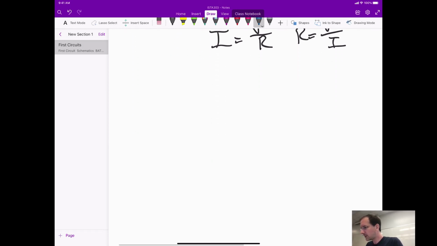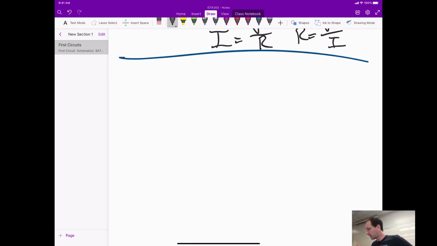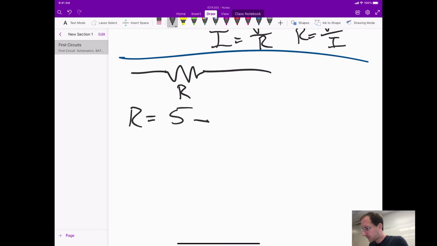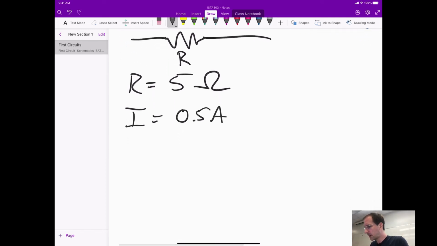So let's look at an example of using Ohm's law here. And we won't belabor this too much. So imagine that we have a resistor, and imagine that the resistance of that resistor is 5 ohms, and imagine that the current going through it is half an amp, some nice numbers.